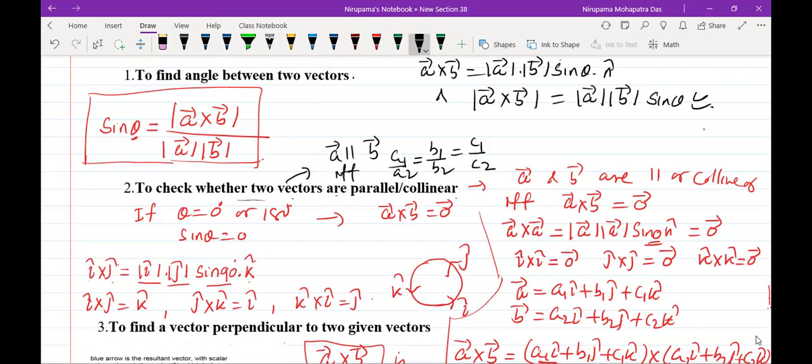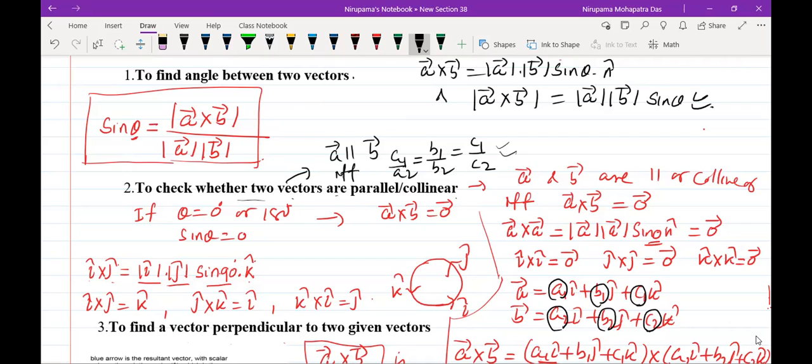It means the corresponding scalar components are proportional, or we can say the direction ratios of 2 vectors are proportional.